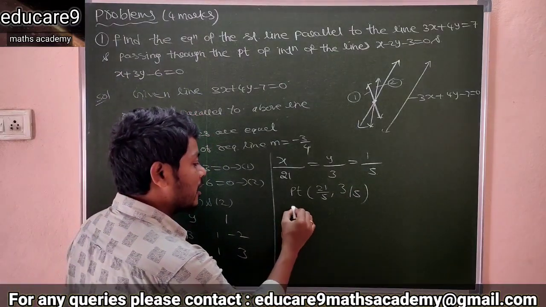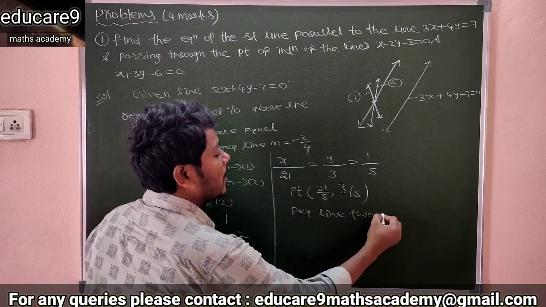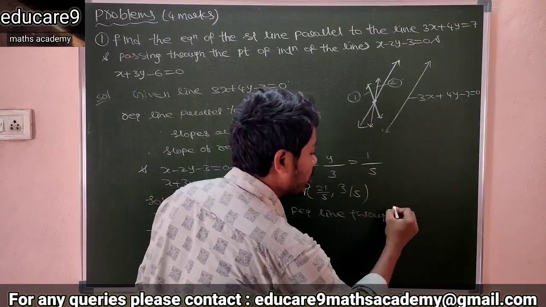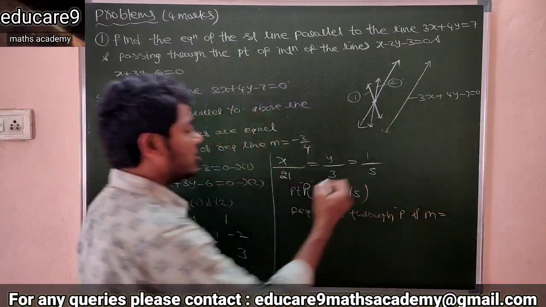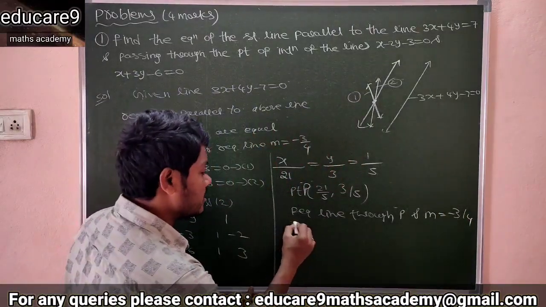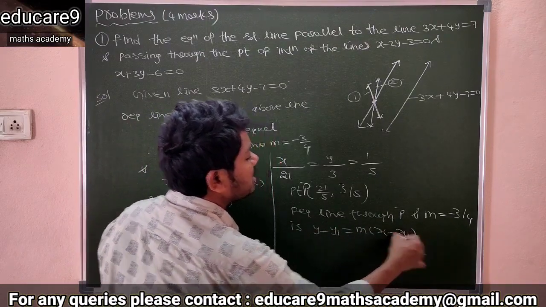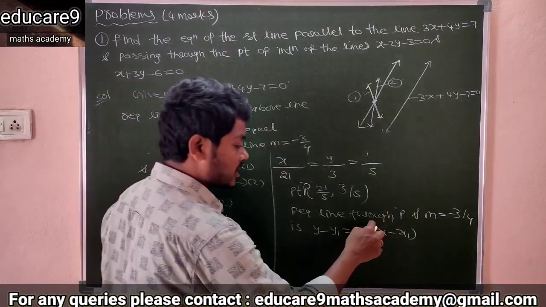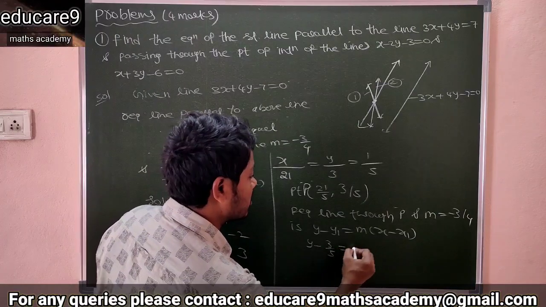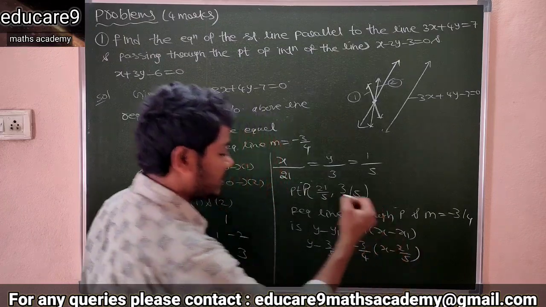So the required line passes through this point, suppose this is point P, with slope m equal to minus 3 by 4. The equation is y minus y1 is equal to m into x minus x1. Now this is x1, y1, so y minus 3 by 5 is equal to minus 3 by 4 into x minus 21 by 5.